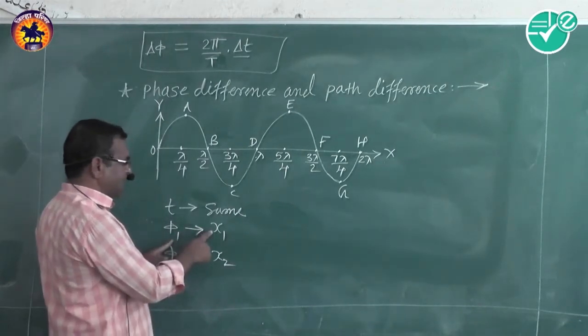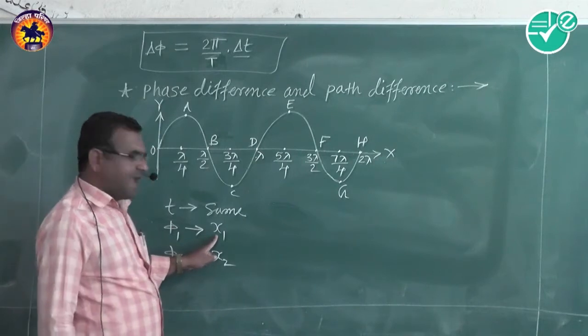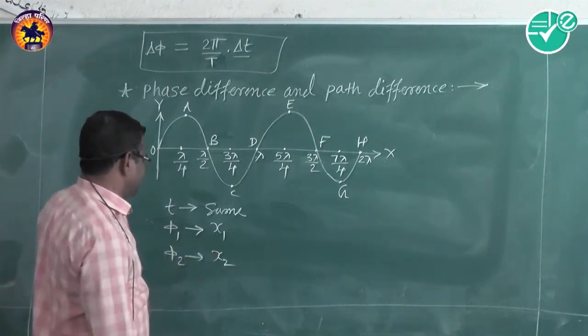Phi 1 is for the first particle present at distance x1 from the origin.